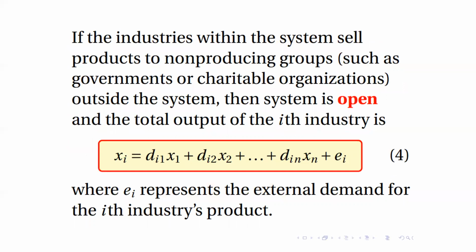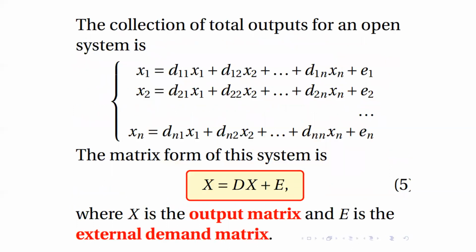If the industries within the system also sell products to non-producing groups outside the system, such as governments and charitable organizations, then the system is open, and the total output of the i industry is xi the same, but plus ei, where ei represents the external demand for the i industry's product. The collection of total outputs for an open system is given by the following equations, and the matrix form of the system is X = DX + E, where X is the output matrix and E is the external demand matrix.